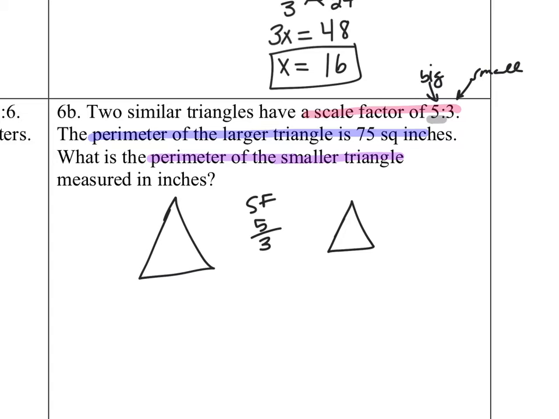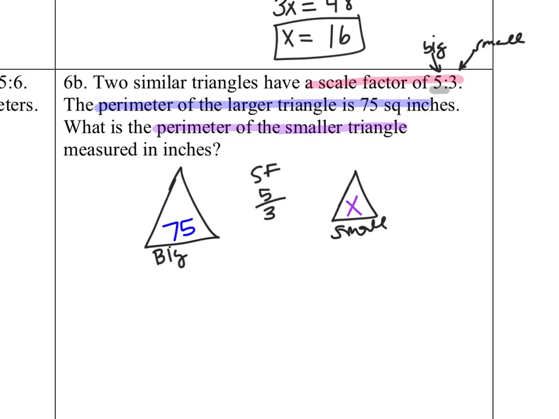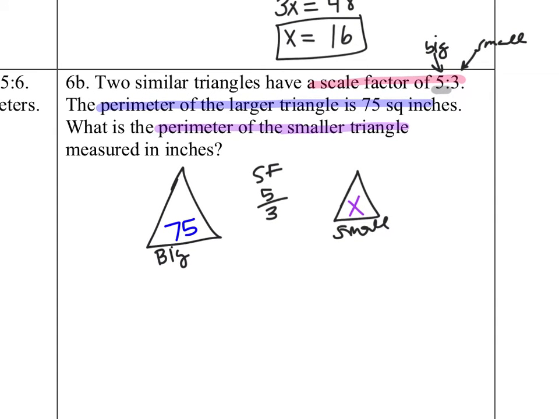The perimeter of the large is 75. We need to find the perimeter of the small. And then just like we did earlier, the perimeter ratio is directly proportional to the scale factor. So perimeter of big over the perimeter of small equals your scale factor.